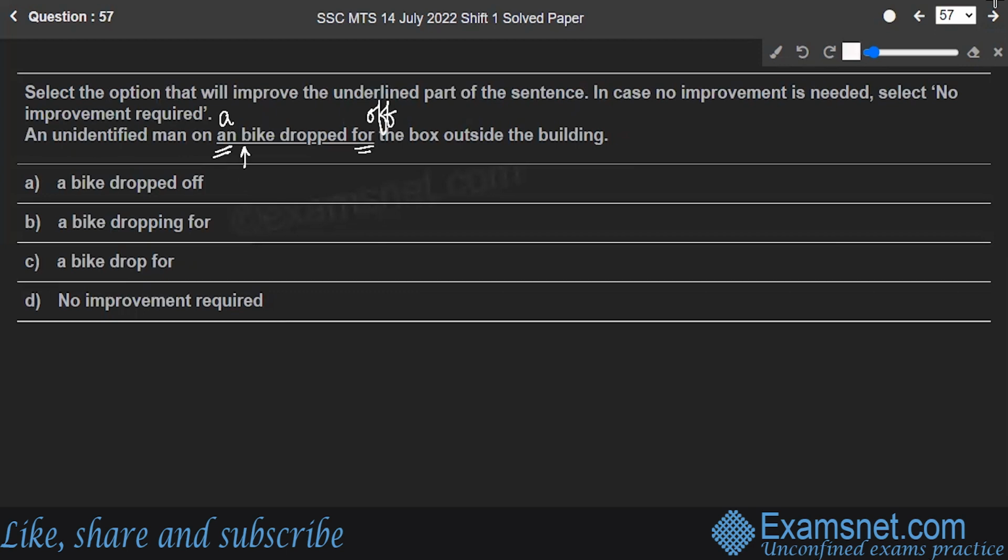When you're saying to drop off, we are taking something to some other place, right? So let's read the whole sentence now. An unidentified man on a bike dropped off the box outside the building. Okay, so option A is the correct answer to the question, because this is the perfect replacement for the underlined segment. Hope you're clear with this.